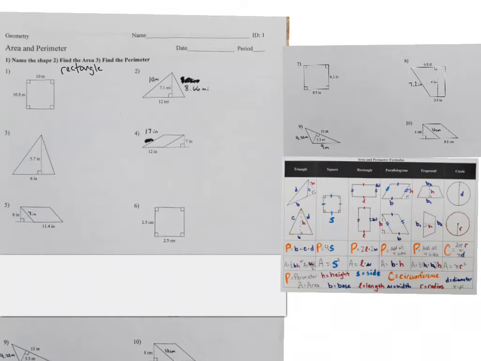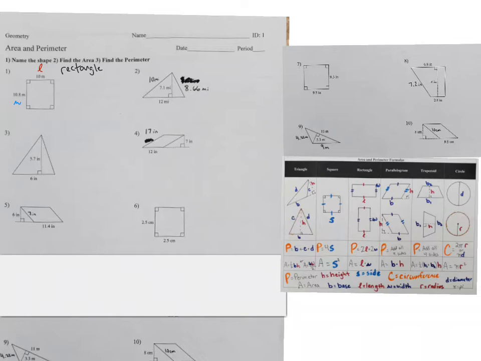So perimeter is 2 times the length plus 2 times the width. So we're going to say that 10 meters is the length, and we're going to say the width is 10.8. So although it looks kind of like a square, it is not a square.